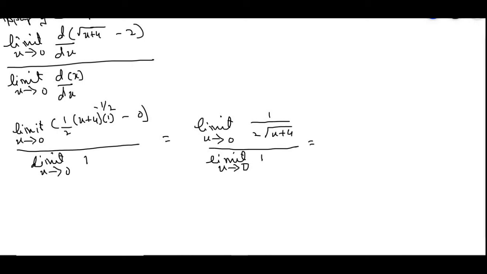Now applying the limit we get 1 over 2 under root 0 plus 4, and this is 1 over 2 multiplied by 2 because the square root of 4 is 2, and hence this is 1 by 4, the answer.